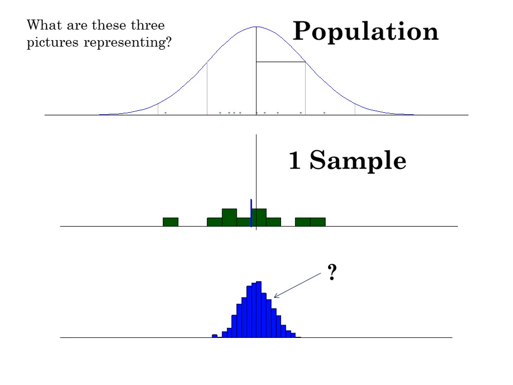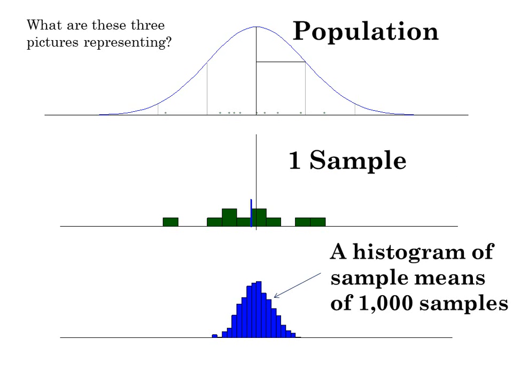And what is this thing? Yes, a histogram of sample means, X bars, from 1,000 different samples drawn from that population. All the samples were size 10, 10 subjects each sample.